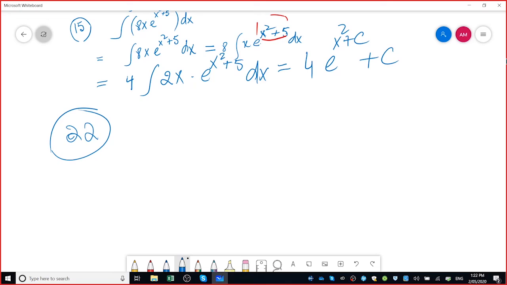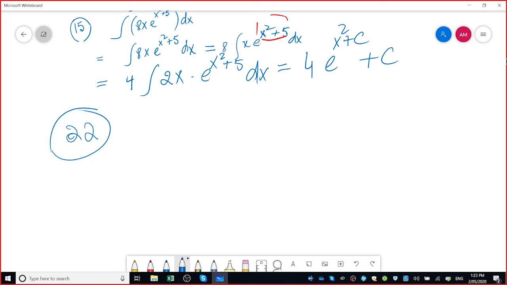Okay, read the question. Sure. If dA over dt is equal to 5e to the power of 2t and A equals 3 when t equals 0, find A in terms of t.